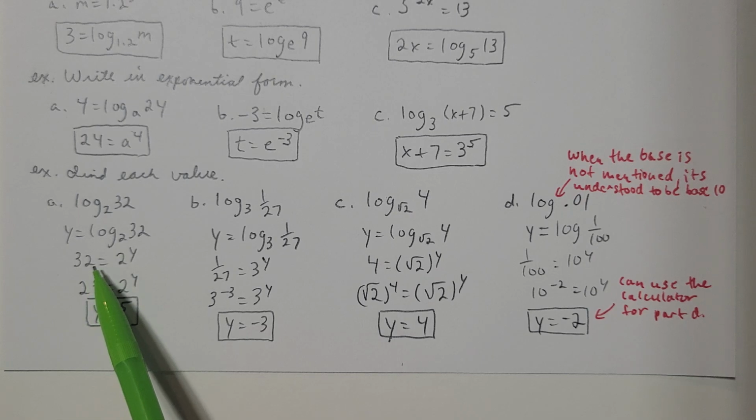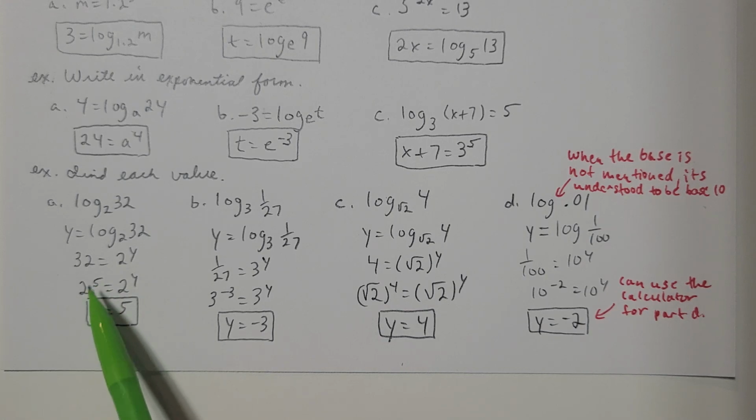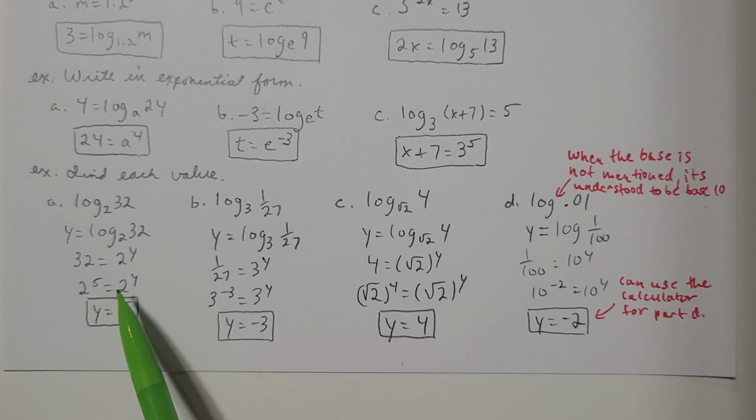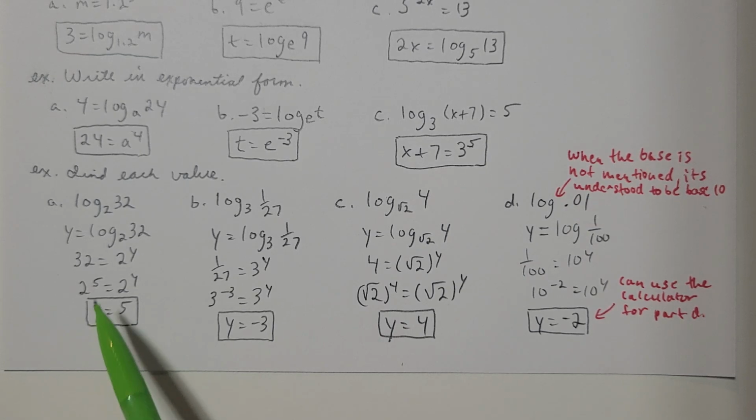I know that 2 to the 5th is 32, because 2 times 2 times 2 times 2 times 2 is 32. So 2 to the 5th equals 2 to the y means that if I get rid of the base 2's so the powers are equal, y is 5. So log base 2 of 32 is 5.